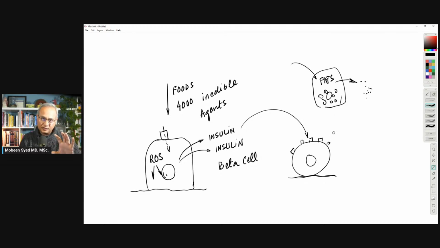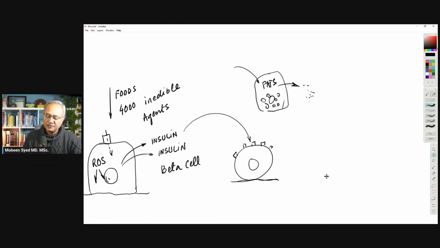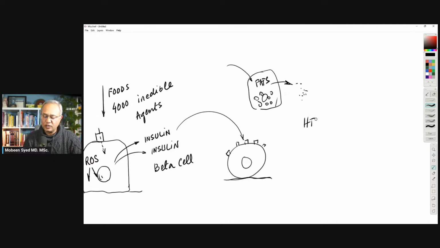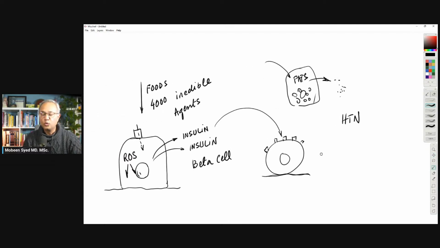Now, this person who's gaining weight has not yet become diabetic, but has hyperinsulinemia, will start having hypertension as well. Why? Because insulin, when it works on the renal tissue, on the kidney tissue, insulin causes sodium retention.